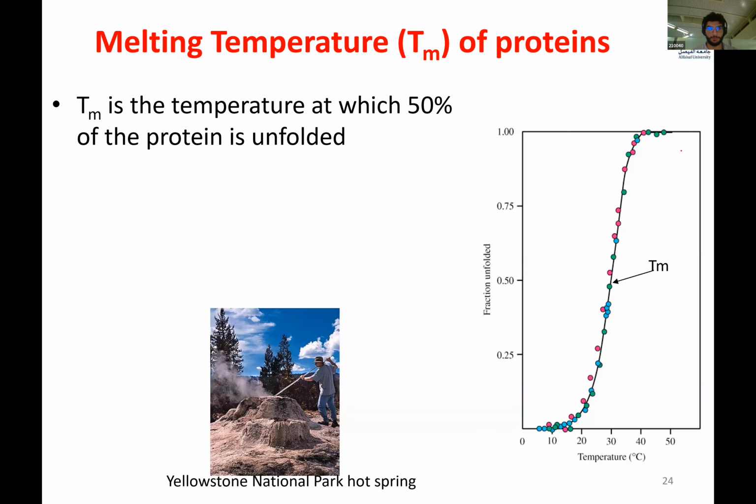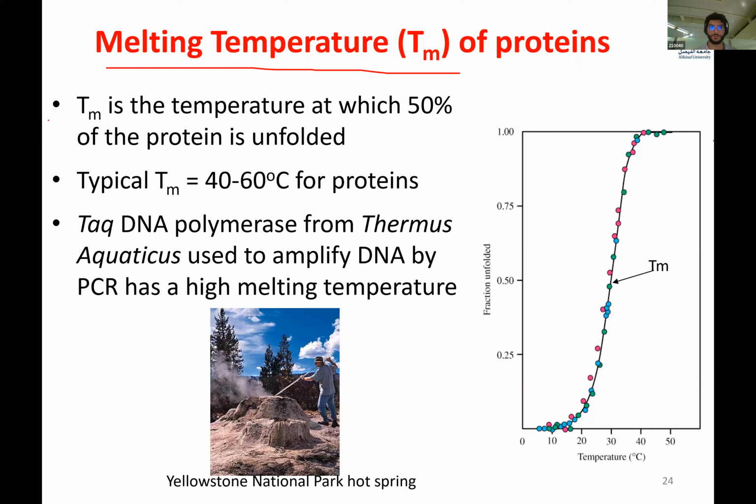So now a very important concept when it comes to proteins. If you look over here, it's called the melting temperature. By the way, I apologize for any noises around me, it's a bit hectic. Anyways, proteins typically have a melting temperature. What this means is that at a specific temperature, for example, over here it's 30, 50% of the proteins are unfolded.